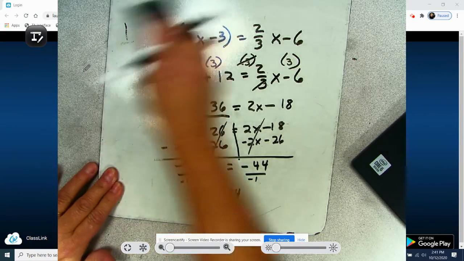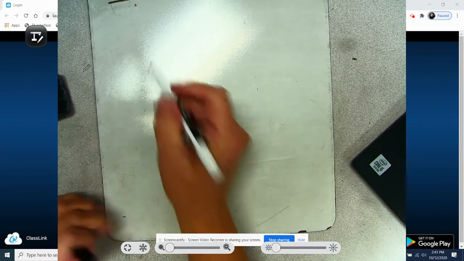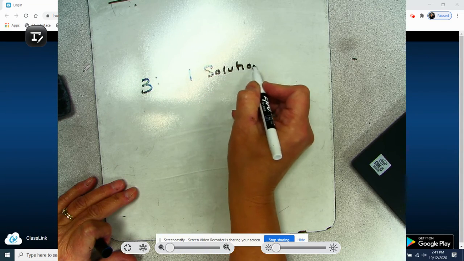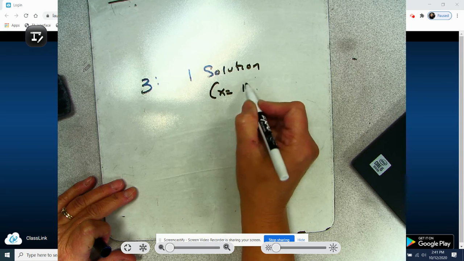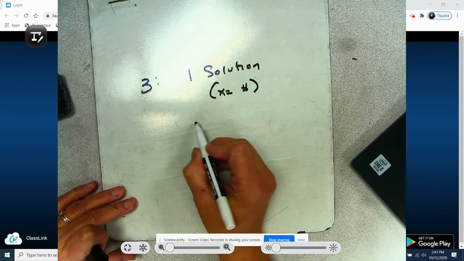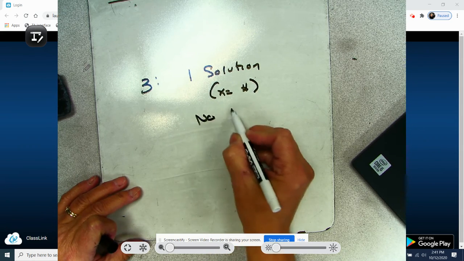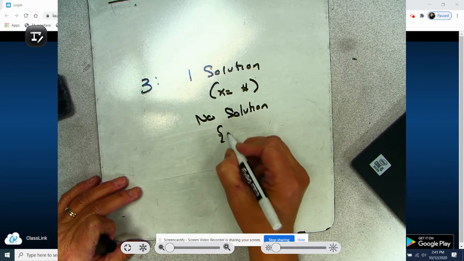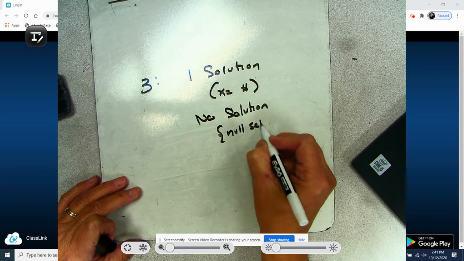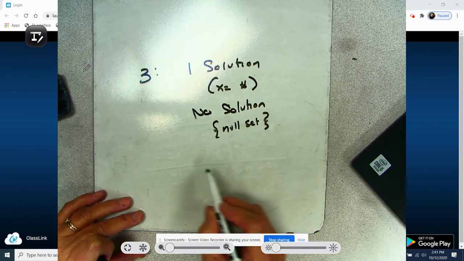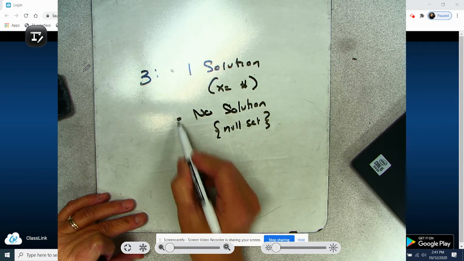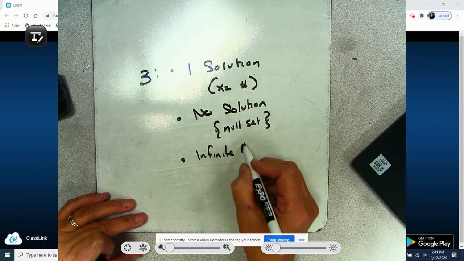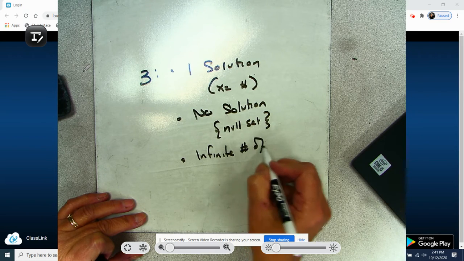Okay, so let's run through that one more time. 3 possibilities. One solution, x equals a number. Second possibility is there is no solution. This is when you have a null set. Third possibility, you have infinite number of solutions.